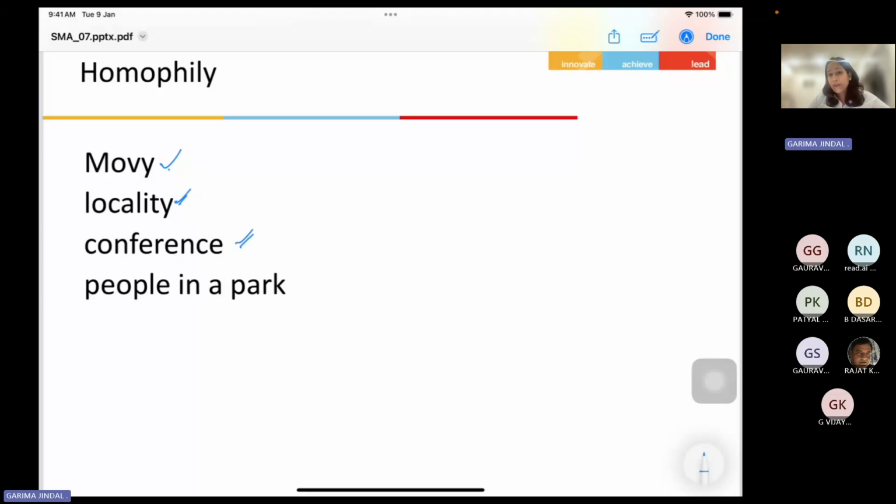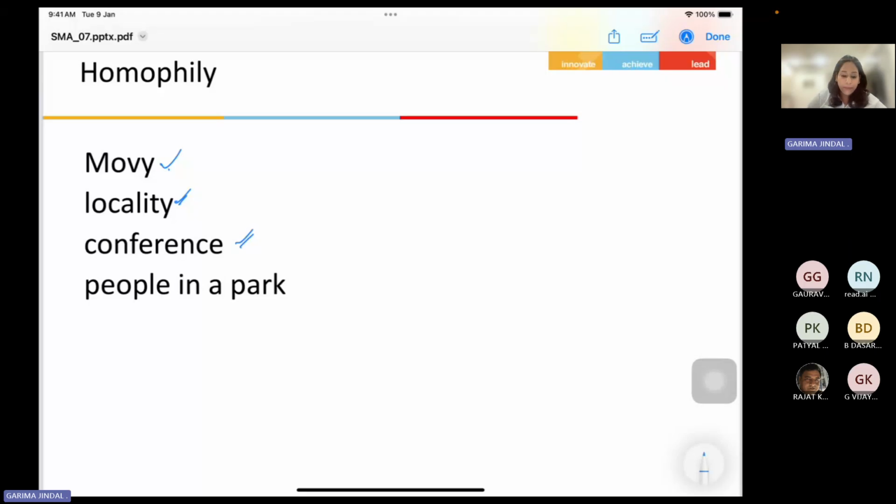People who belong to the US form a group. So we see this kind of groupism in conferences. You can see that in social networks, similar people tend to connect with each other, tend to collaborate, and tend to form a group with each other.